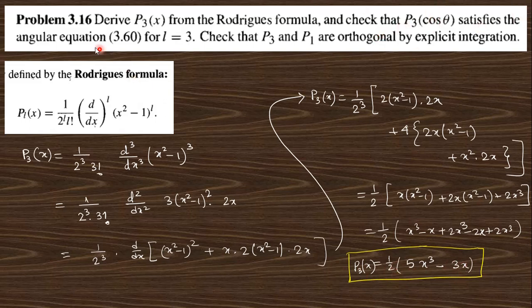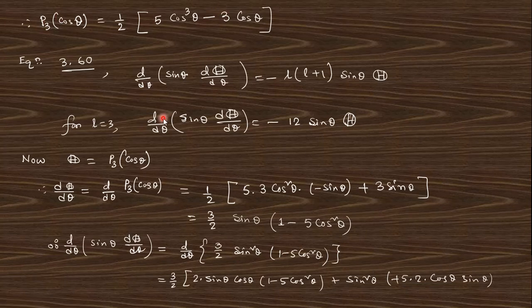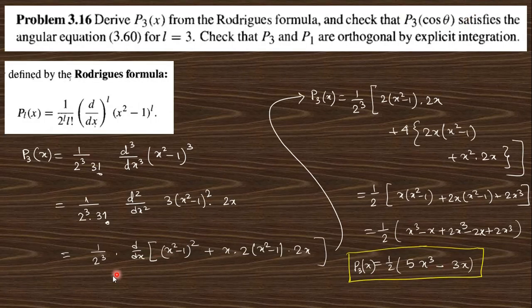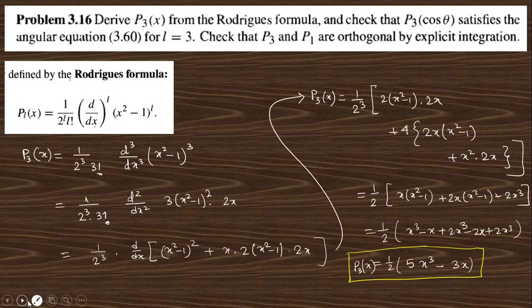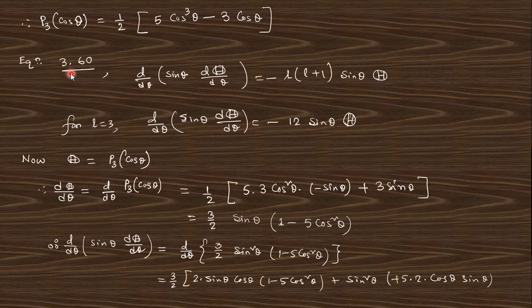Now check that P3(x) satisfies the angular equation for l equals 3. This is P3(x), so P3(cos theta) is just putting the value of cos theta in place of x. So at the x point, the value will be cos theta. Equation 3.68 says that d/d theta of sin theta dP/d theta equals minus l(l+1) sin theta P. So for l equals 3, this is minus 12.